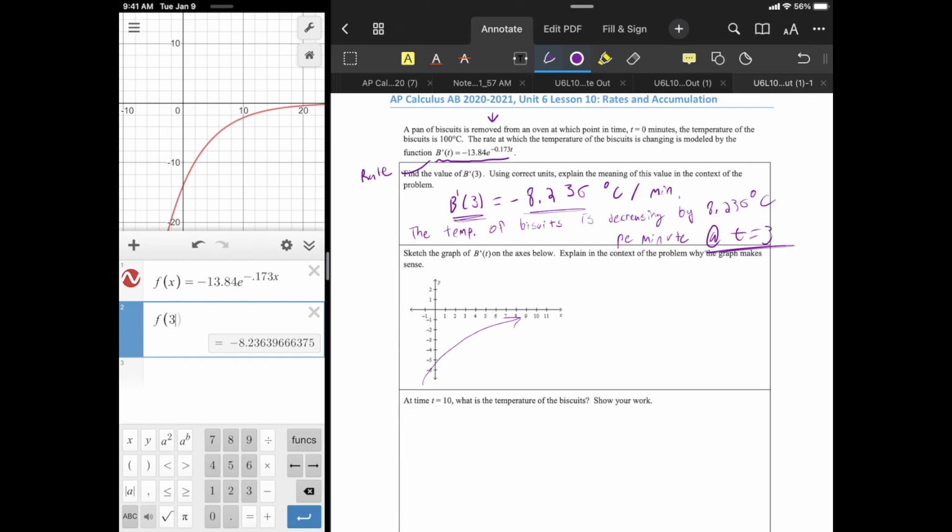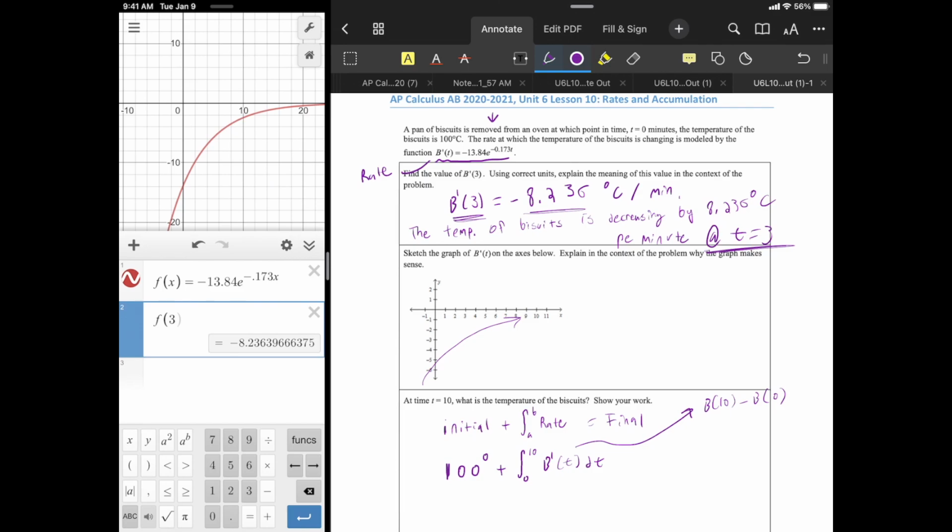In order to do this, we need to take that initial value plus the integral from a to b of the rate equals the final, right? So if I take the initial temperature, which is 100 degrees, and find the definite integral from 0 to 10 of this rate function, remember what the fundamental theorem of calculus tells us: this will be the temperature at 10 minus the temperature at 0.